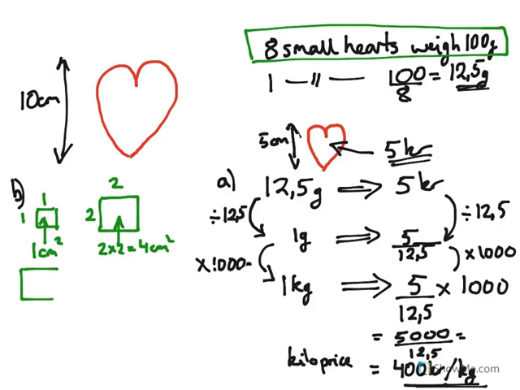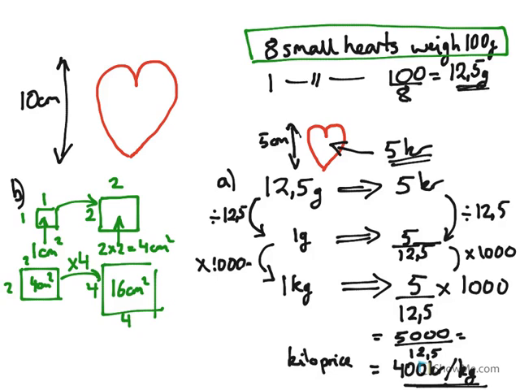If we had a square that was 2 by 2 and changed it to 4 by 4 instead, the area of this square would be 2 by 2, would be 4 centimetres squared, and the area of this square would be 4 by 4, which would be 16 centimetres squared. So we can see that the relationship between area, when we change the side and just double the side, the area ends up being 4 times the original area.